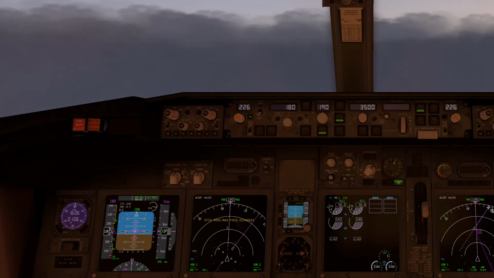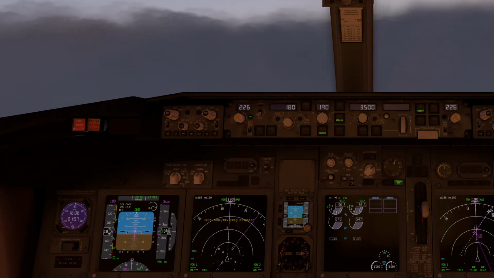DME 13.5. Still no sign of the localizer. It's now 12.7 DME.